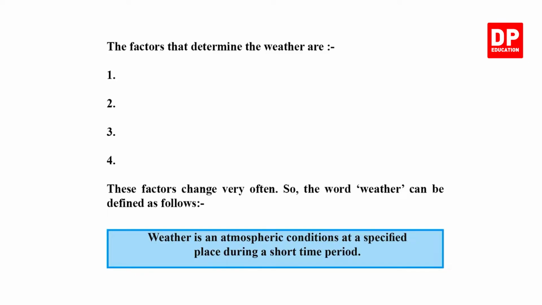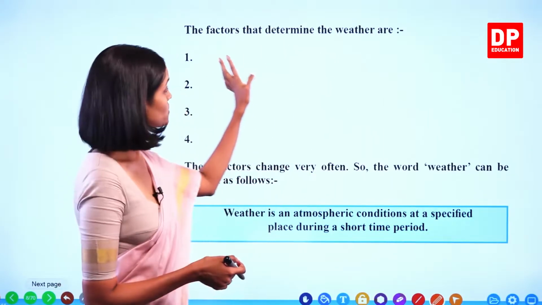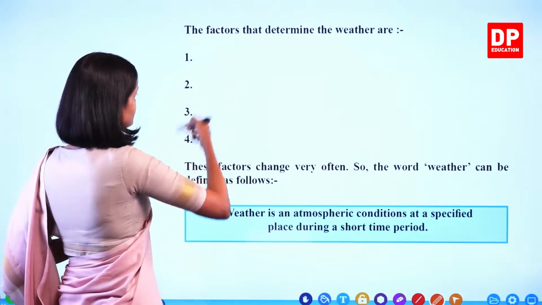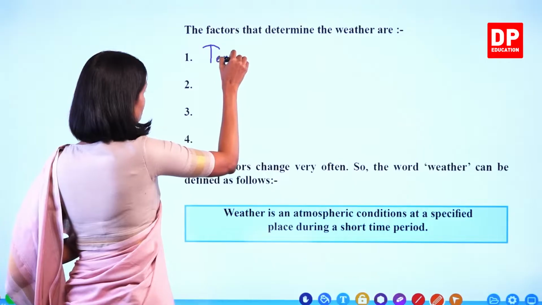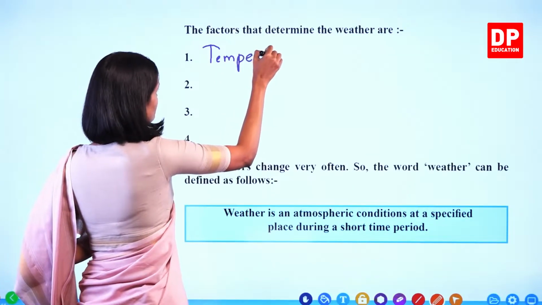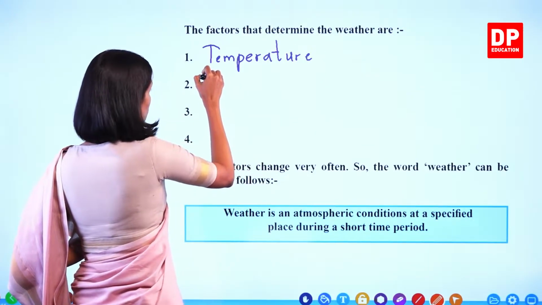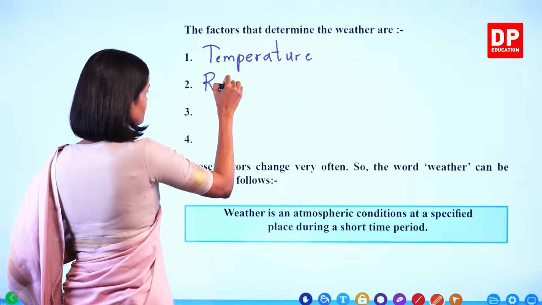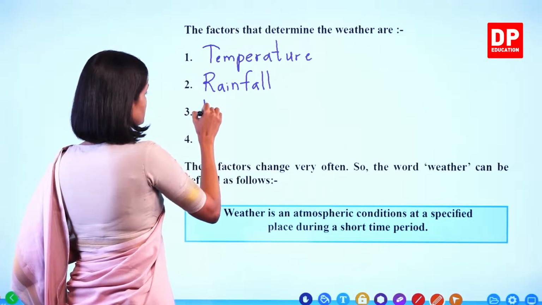Okay. So the factors that determine the weather are, now we already know 3 factors. We'll write them. What are those factors? Temperature, rainfall or amount of rainfall, humidity.